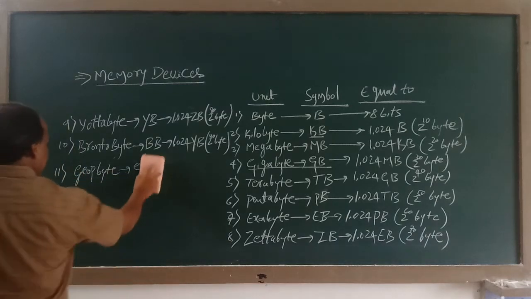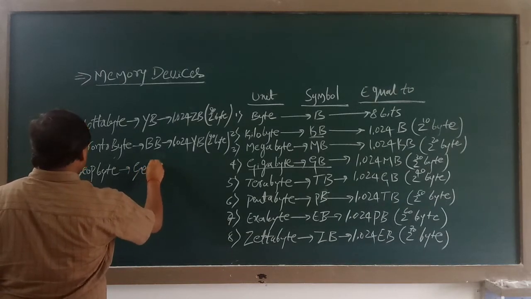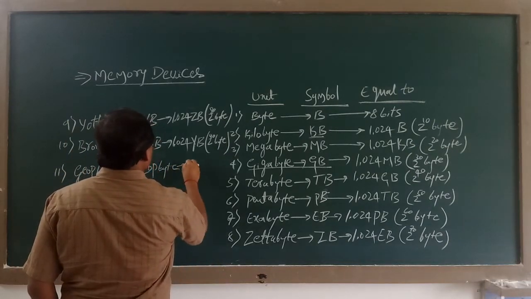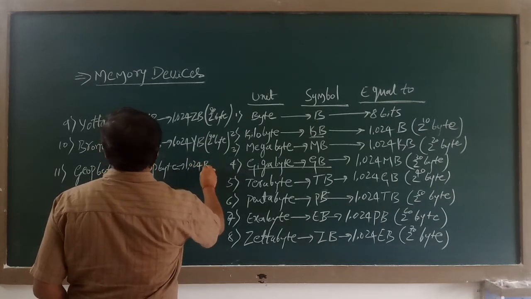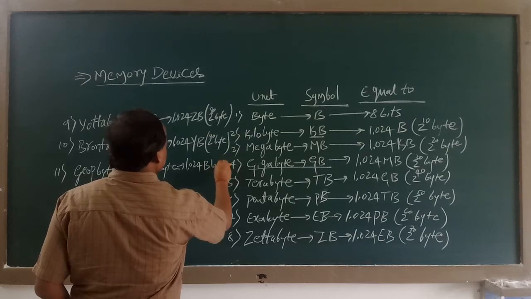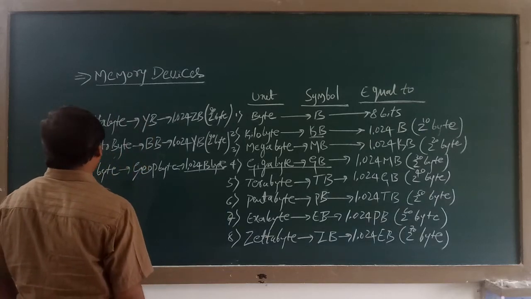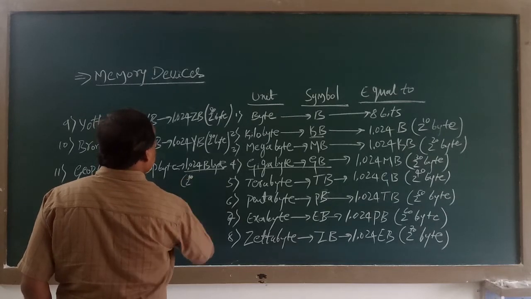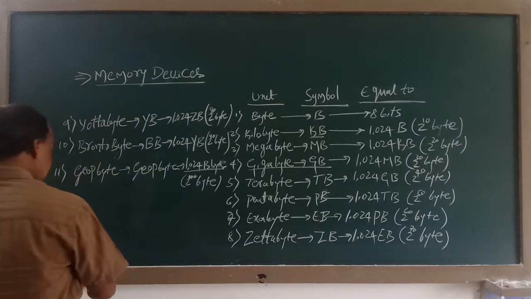So therefore here also we have to write the full form, geobyte, that is 1024 brontobyte, which means 2 power 100 bytes. 2 power 100 bytes.